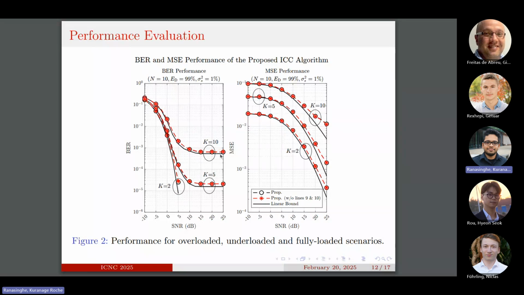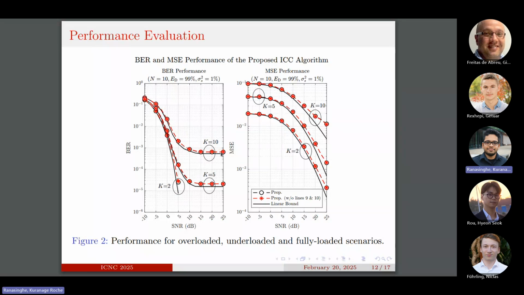It reaches this linear bound. Maybe one more thing about the linear bound is that this black line, which is termed the linear bound, is the bound which occurs when one of the estimates is perfectly known. So for example, in the case of this bit error rate here, we obtain this bound when we set that we know the computing signals perfectly.